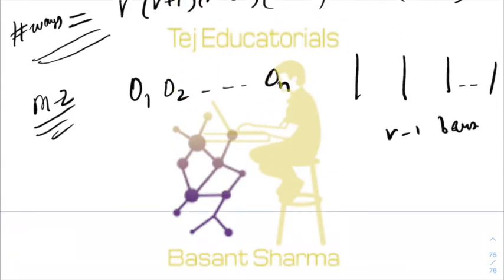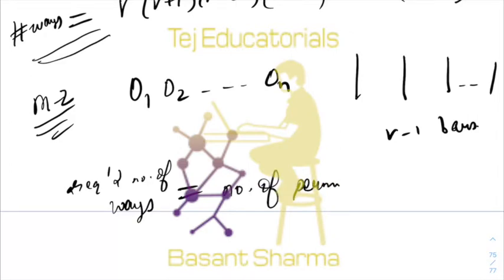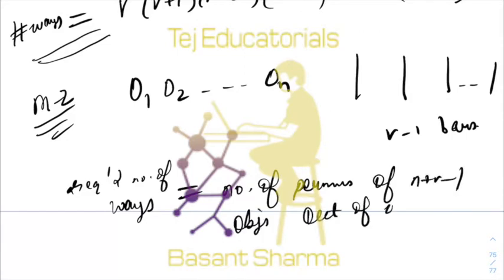Now think about it. The required number of ways is nothing but the number of permutations of n plus r minus 1 objects, out of which r minus 1 are alike.